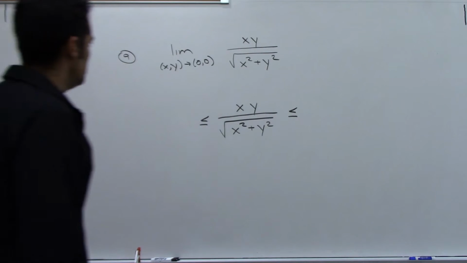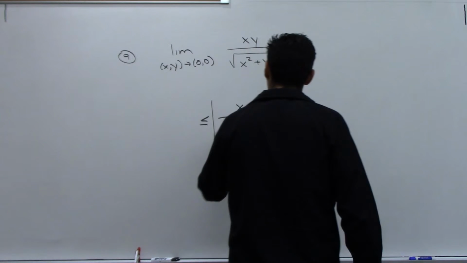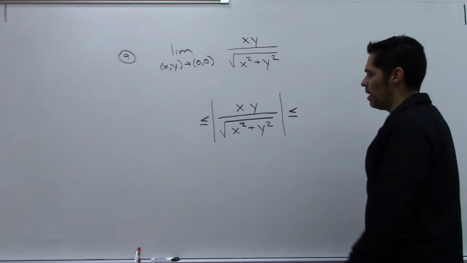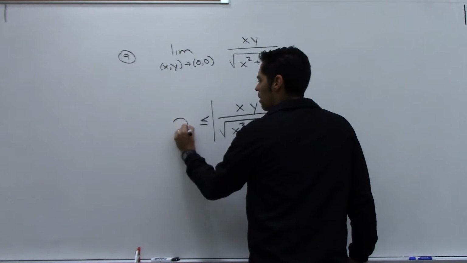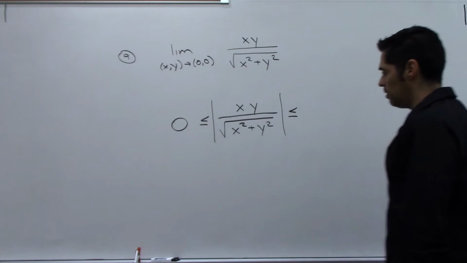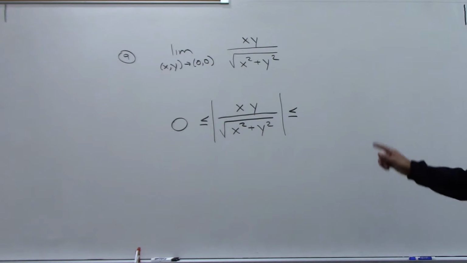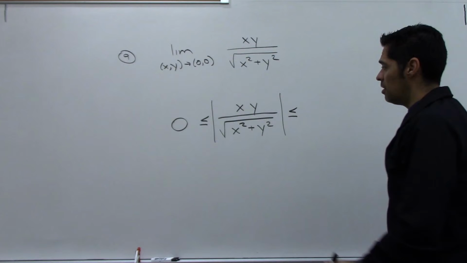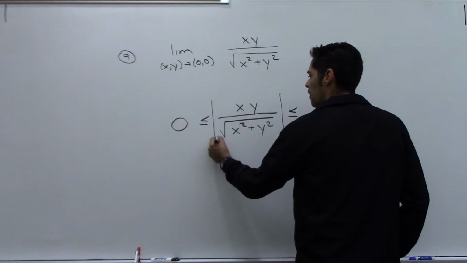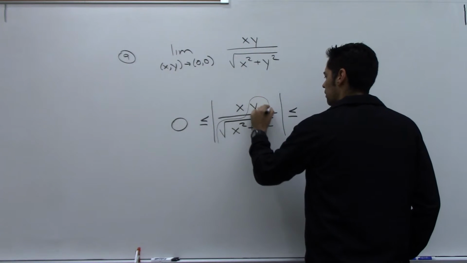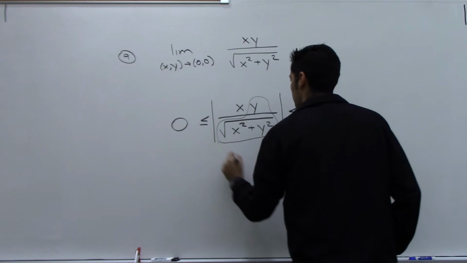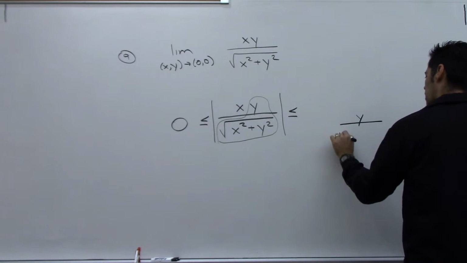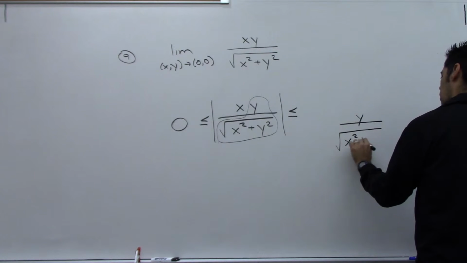How about looking at the absolute value of this, just for the sake of not having to worry about negatives right now. That's definitely greater than or equal to 0. So what can I say is bigger than this? Well, just look at this piece right here, y over the square root of x squared plus y squared.